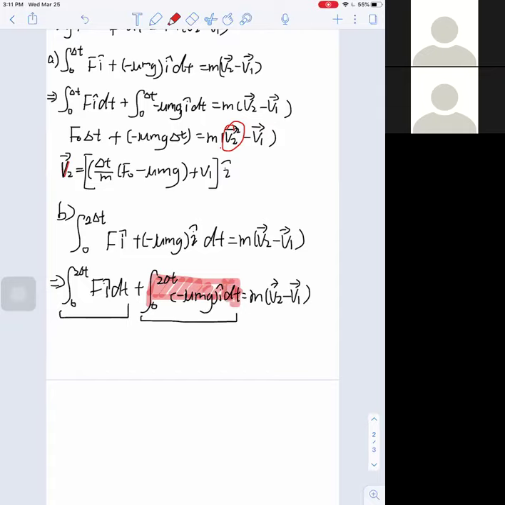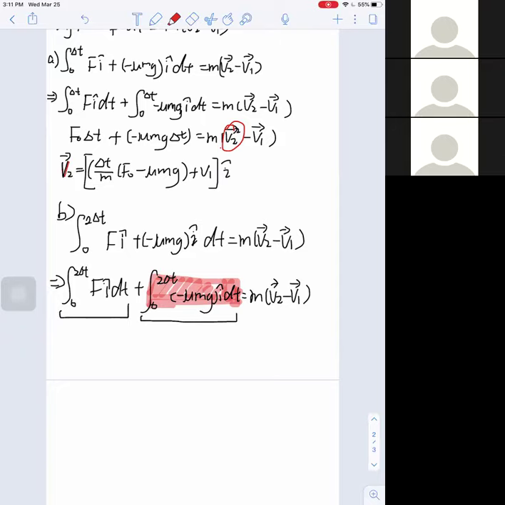Jack, can you tell me the result of that integral? Negative mu times mass times gravity times 2 delta t. Yeah, since mu mg, the friction, is constant during the whole duration, it's simply the force times the duration of time.